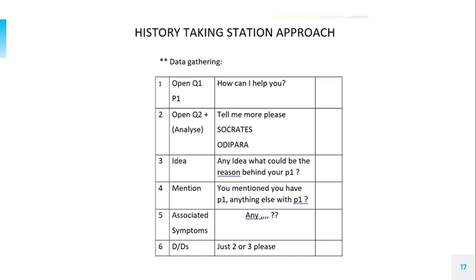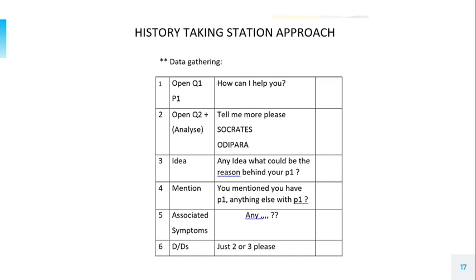I'm Mrs. Smith. I'm 71 years old. Great, nice to meet you. And then you start. How can I help you today? That's an open question, and they'll tell you, Doctor, I've been having this problem that's disturbing me. Tell me more, please. And they'll offer to tell you more, or they'll probably ask you, what do you want to know, doctor?